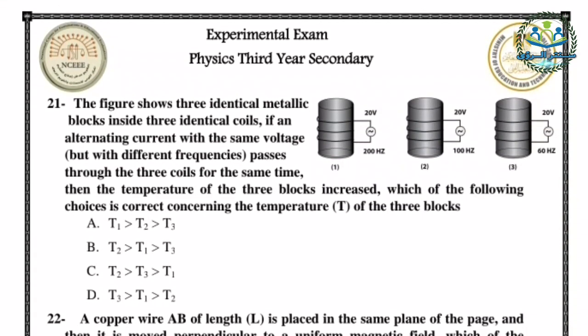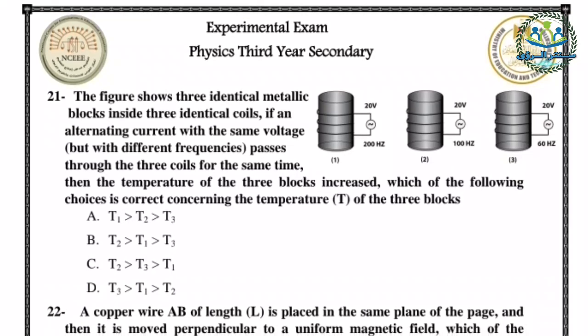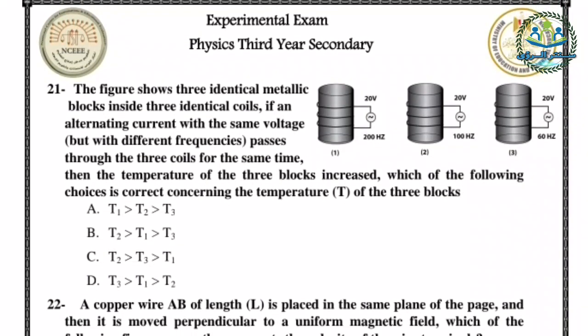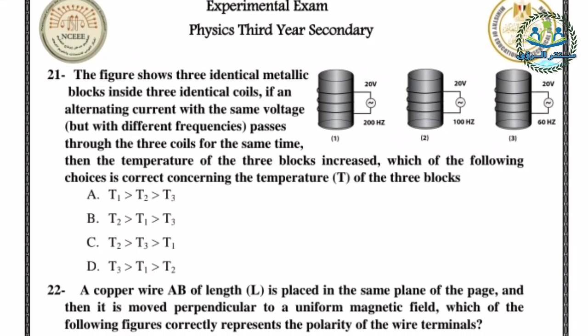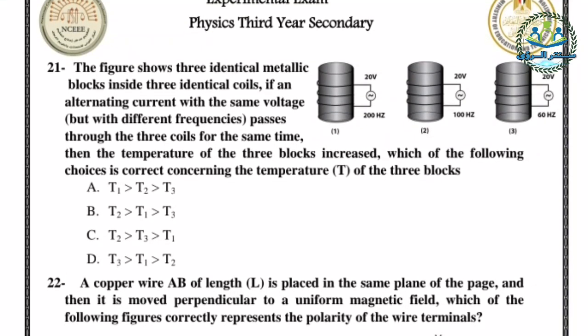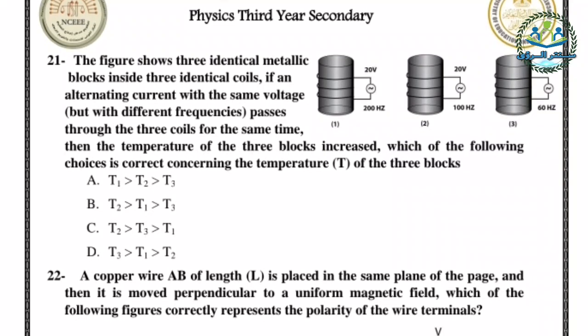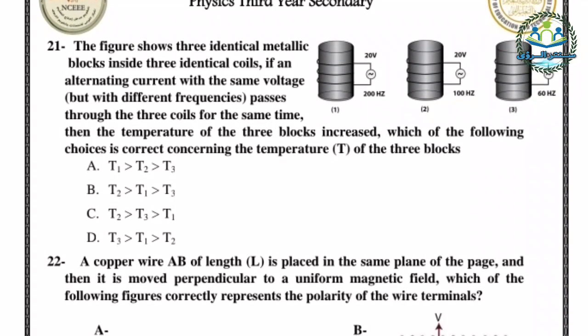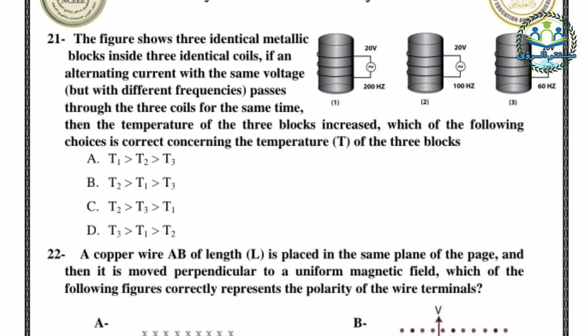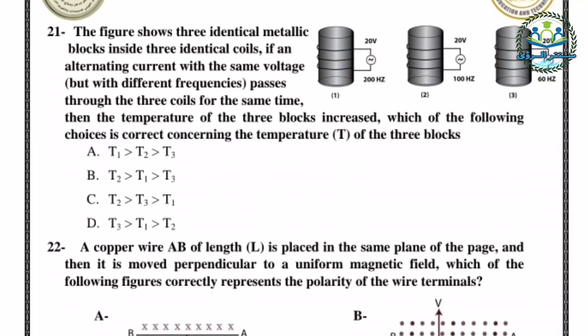21. The figure shows three identical metallic blocks inside three identical coils. If an alternating current with the same voltage but with different frequencies passes through the three coils for the same time, then the temperature of the three blocks increases.